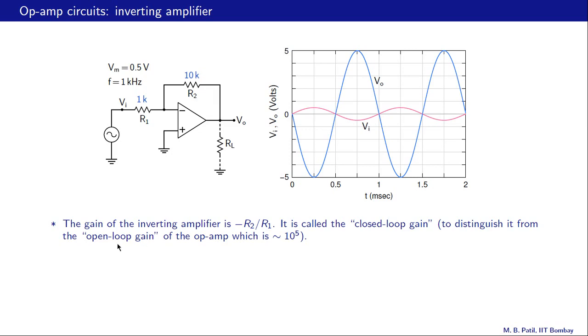Now this open loop refers to a configuration in which there is no connection between the output side and the input side, like this one, and the op amp is then said to be operating in the open loop configuration. In contrast, this configuration is called closed loop configuration.